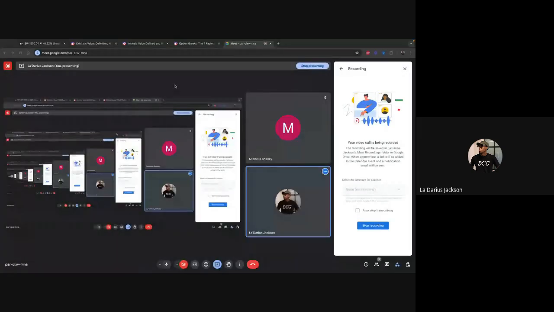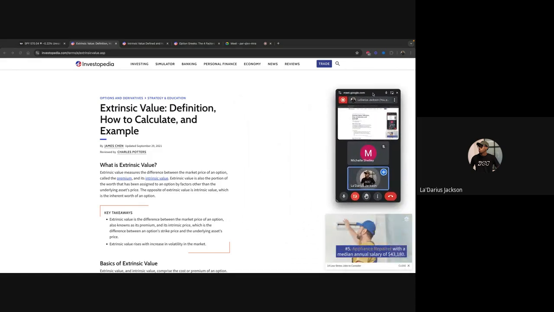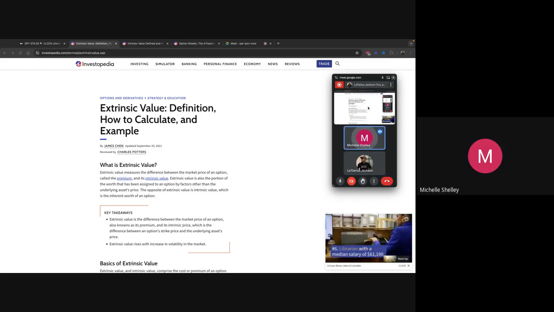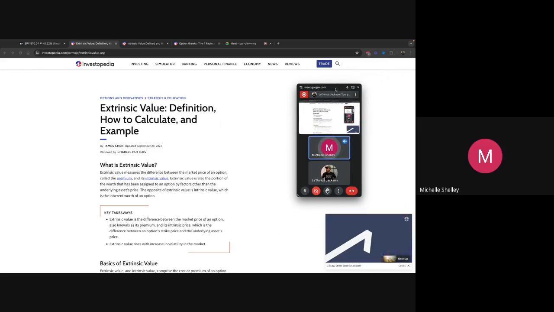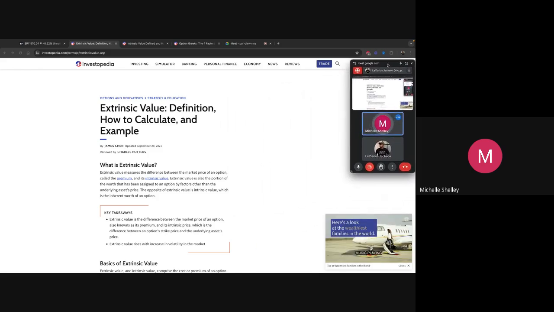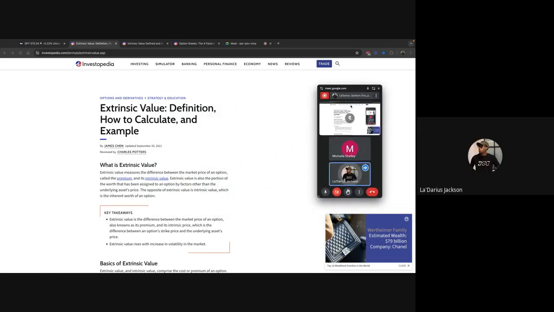Do the entire screen. Okay, I don't know what this thing is. This must be new. It is. Isn't that a nice feature now? It's like the overlay feature that they have. You'll see that a lot with Zoom, but now that Meet has it, I love it. I wonder if I can move it to my other screen too. Can you see this overlay on my screen?